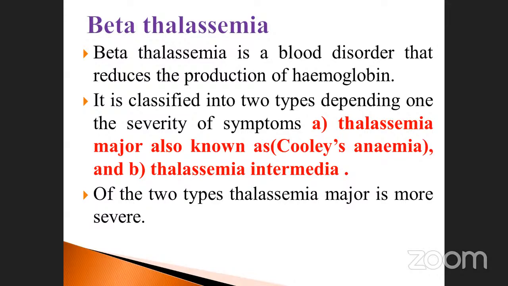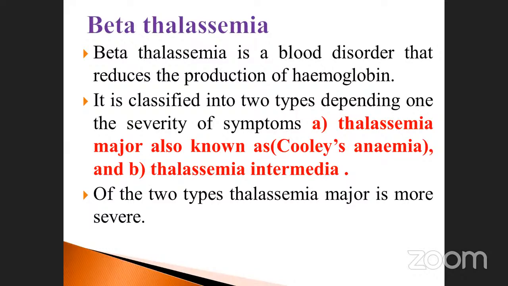One is called thalassemia major, also known as Cooley's anemia. Don't forget, my dear, sometimes they may ask the question. Cooley's anemia is also called thalassemia major. Thalassemia major is also known as Cooley's anemia. This is where it occurs, the severity of the symptom only.